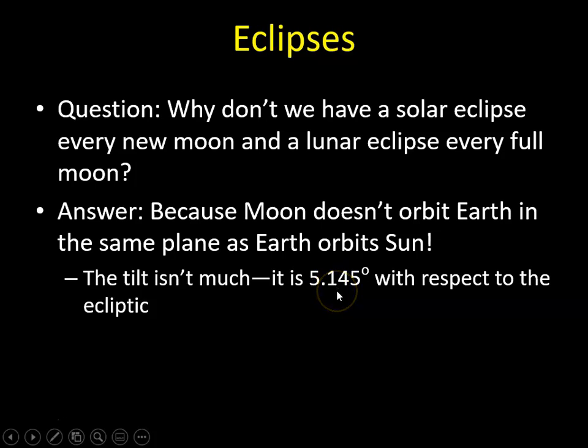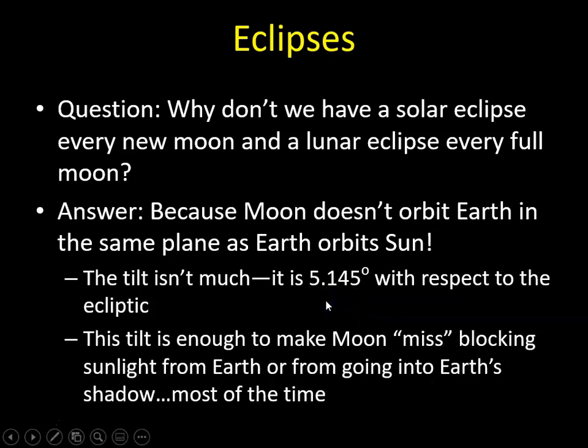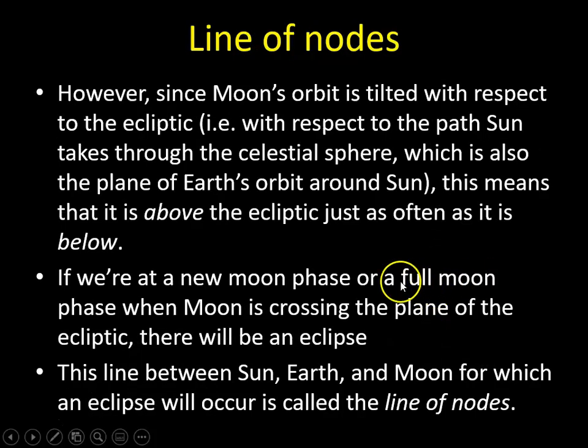Well, that half a degree compared with a 5-degree tilt means that the only time you're really going to expect to see a solar eclipse or lunar eclipse is when the moon happens to be around the place where the plane of its orbit crosses the plane of Earth's orbit at the same time as a full moon or new moon. In other words, when it crosses the so-called line of nodes. If that's not the case, then basically it's going to miss. Earth's shadow will miss the moon, or moon's shadow will miss Earth, even if it's a full moon or new moon. So when that happens, again, it's called the line of nodes.